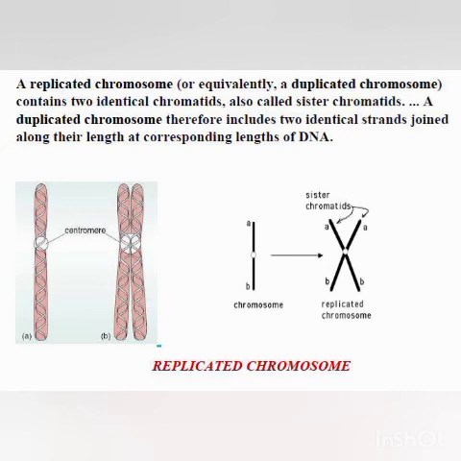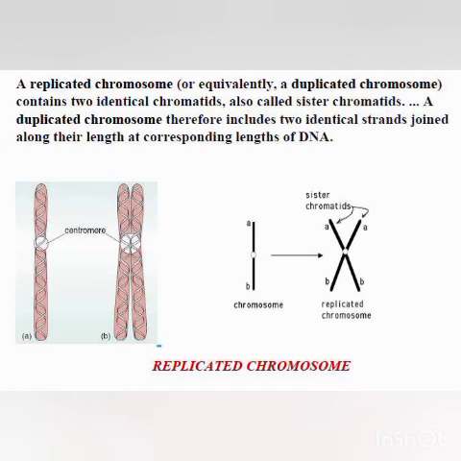And each of these DNA, we can call it a chromatid. There are two exact copies of DNA. So one DNA is called one chromatid and another one is called another chromatid. So in a duplicated chromosome, there are two identical copies of DNA, which form chromatids. So there are two chromatids.